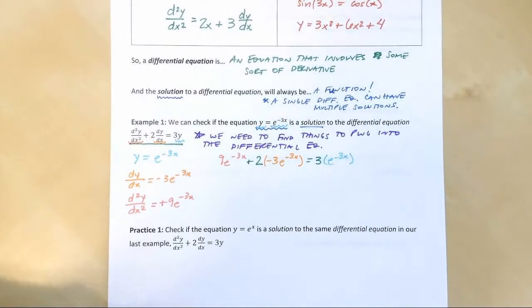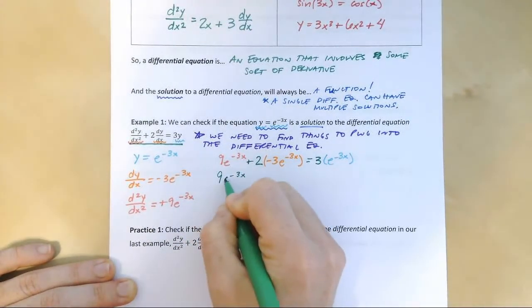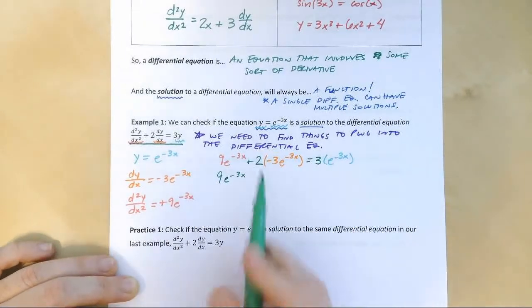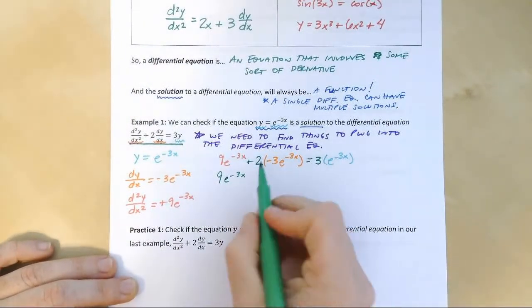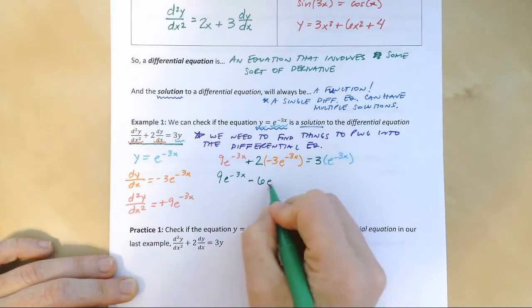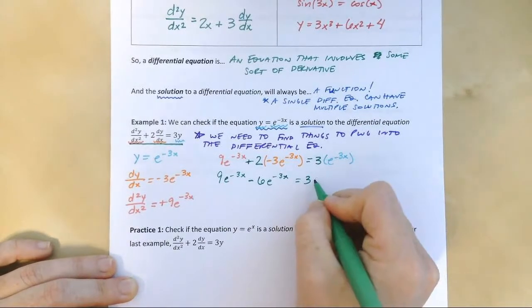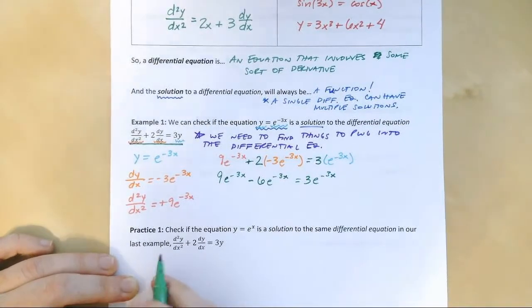Okay, cool. So now that we've plugged everything in, let's go ahead and simplify. So we have 9e to the negative 3x plus, actually 2 times negative 3 is negative 6, so we have minus 6 e to the negative 3x equals 3 e to the negative 3x.